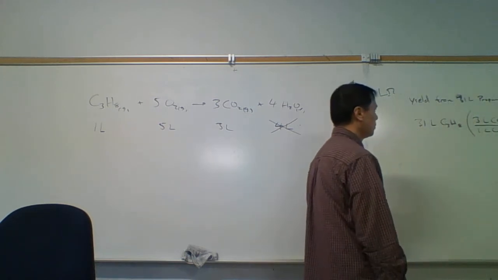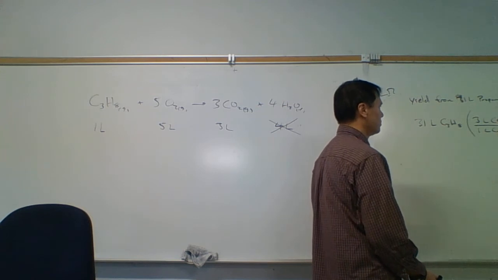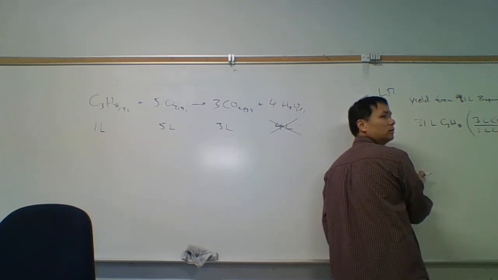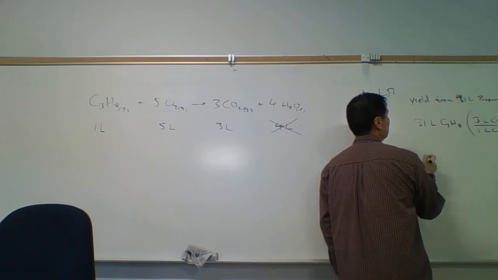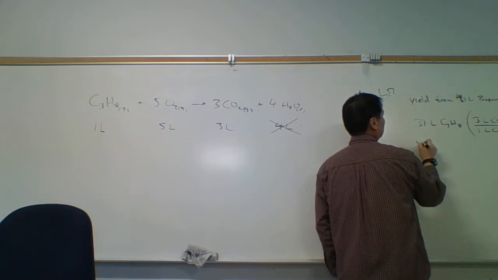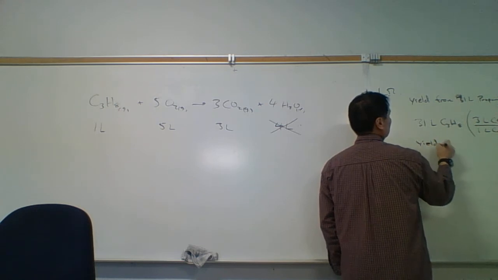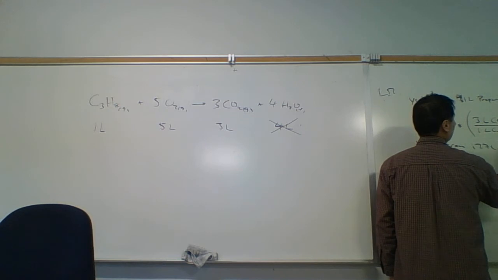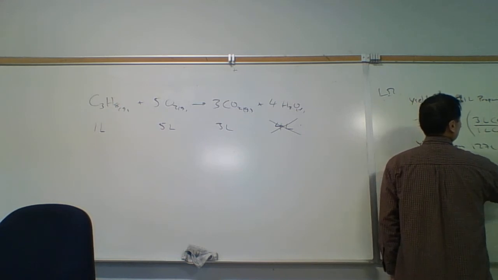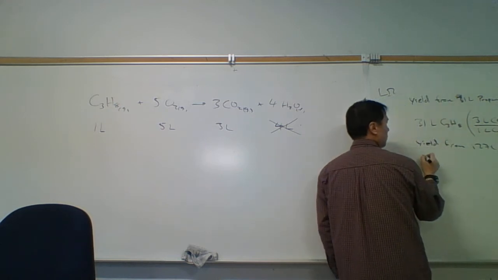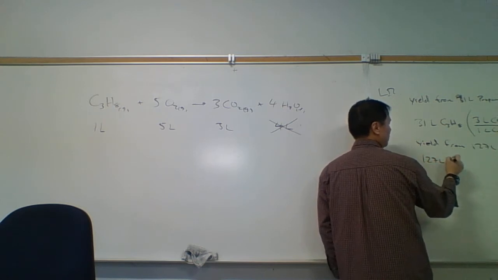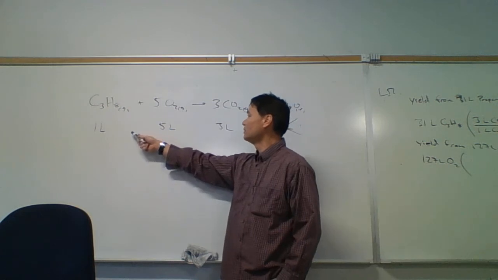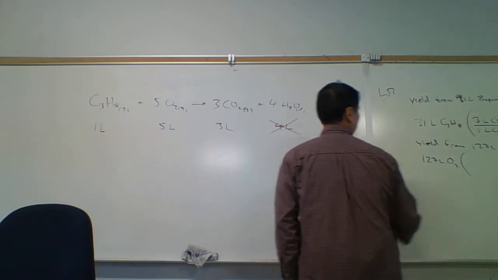And so if all the propane reacts, we should get 93 liters of CO2, but we don't know if all the propane reacts because we don't know if we have enough oxygen. And so we have to calculate the yield from 127 liters of oxygen. So that's going to be 127 liters of O2, and then the volume ratio is going to be 5 to 1.